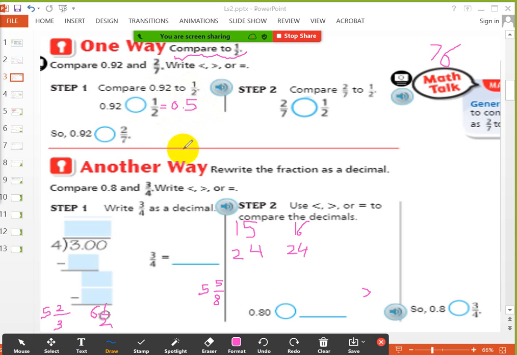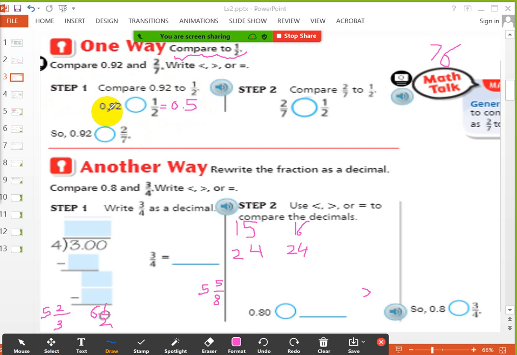So now, can I compare 0.92 and 0.5? Yes, I can. Very easy. I will start my comparison from the left side to the right side, as we learned. So I will start with this digit. 0 and 0 are equal.